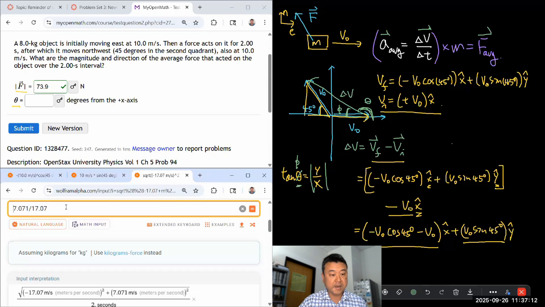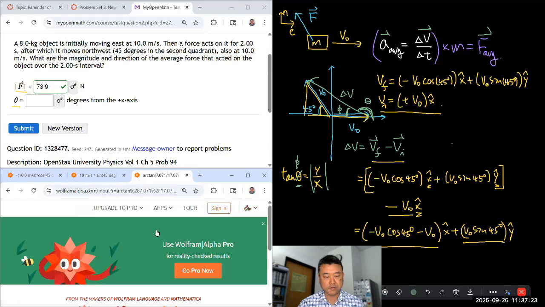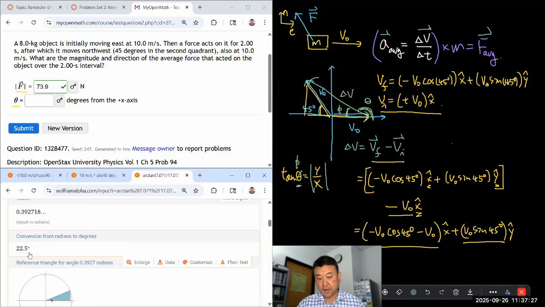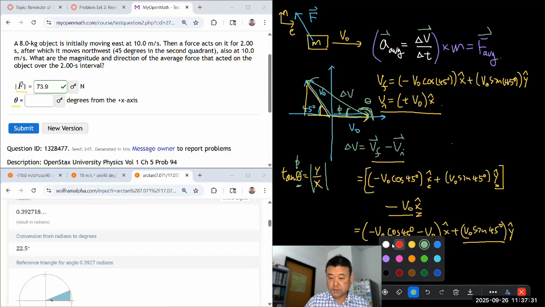So this is my tangent of phi. If I do arctangent of that, that'll give me phi. I want it in degrees, so let me press enter to get 22.5.